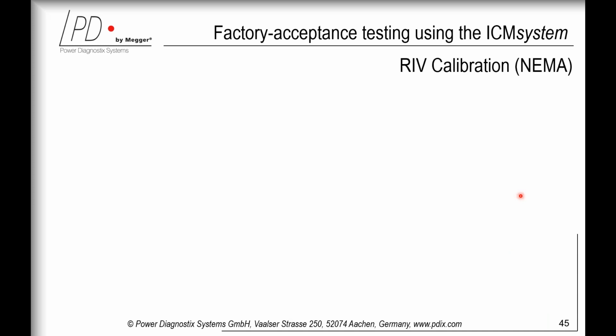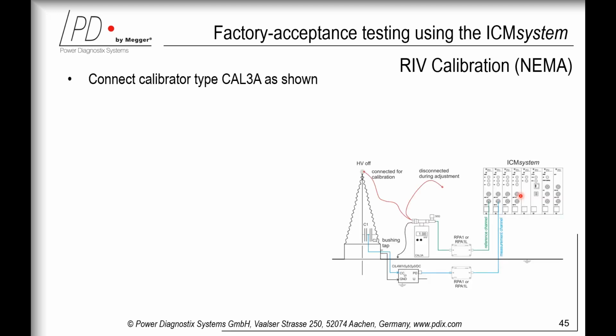While the preceding CISPR calibration is very similar to a PD calibration, the NEMA compliant calibration consists of 2 steps. The adjustment procedure, estimating the attenuation given by the connections and cables from the quadrupole to the measurement device, shown here, and estimation of the signal distribution between reference channel and device under test in the second step.